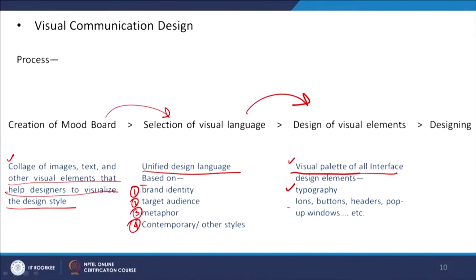If we go to the next page, the typeface should be the same, and the exact typeface height, everything will be finalized in this stage. Now it will have icons, buttons, headers and pop-up windows, etc. Every element, scroll bar, search button, everything has to be designed first, and we create a palette.